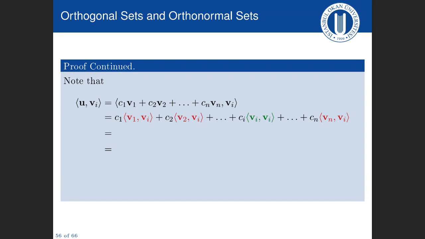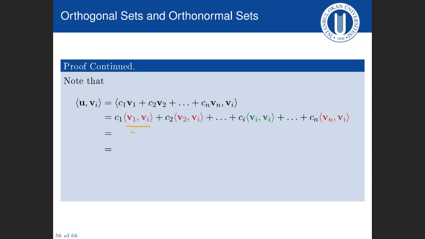We can split this up into n different inner products, and then in each one we have a number Ci, which we can then take outside of the inner product. To get C1 times the inner product of V1 and Vi, plus C2 times the inner product of V2 and Vi, etc. Now, one of these I've done in green and the other ones I've done in red. Why? Remember, we have an orthogonal set. That means, as long as i is not 1, V1 and Vi are orthogonal vectors.